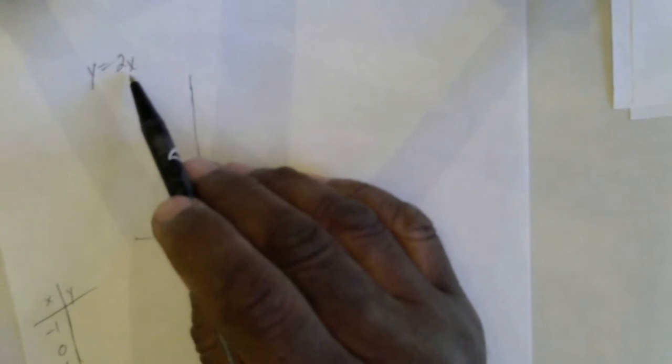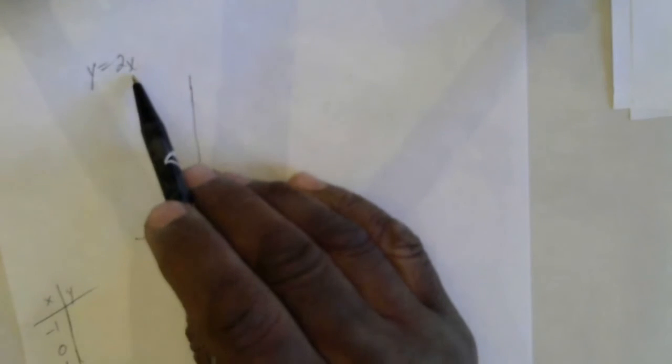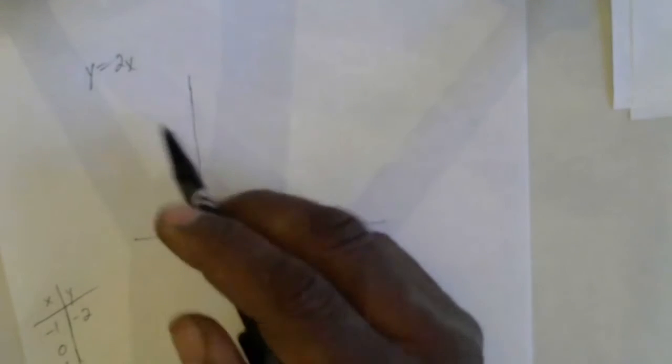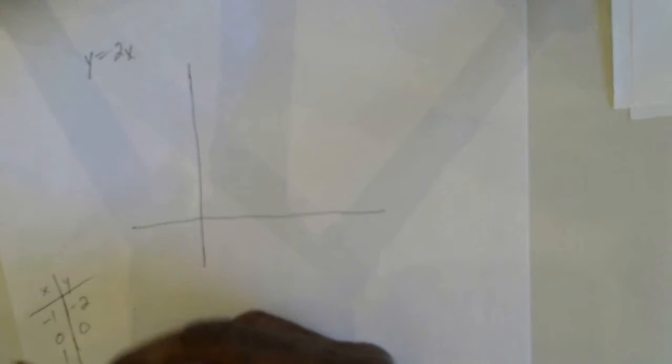So if I substitute x for -1, 2 times -1 is -2. If I substitute x for 0, I get 0. If I substitute in a 1, 2 times 1 is 2. So I have a set of ordered pairs, right? And I can plot these ordered pairs.